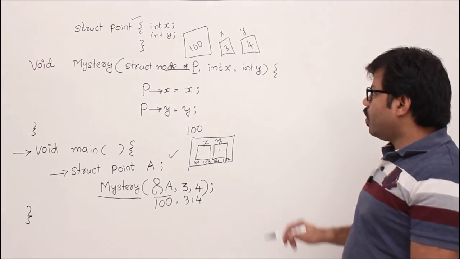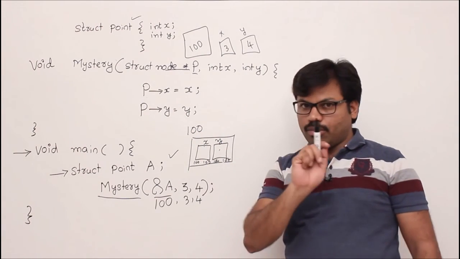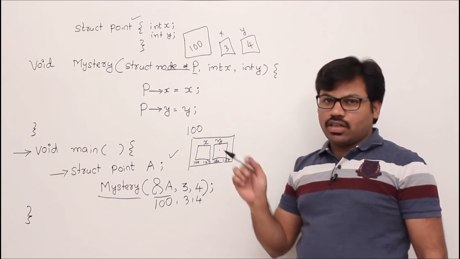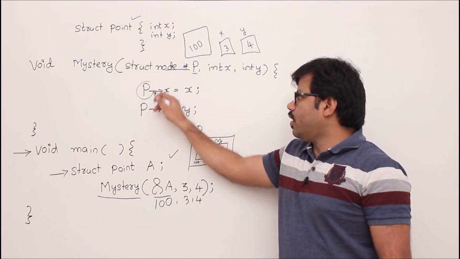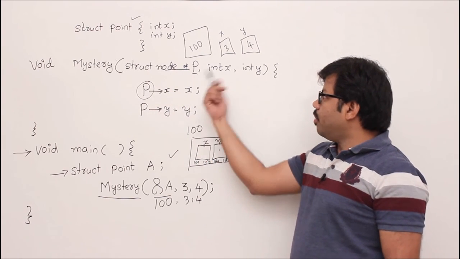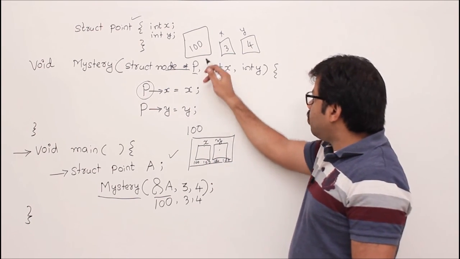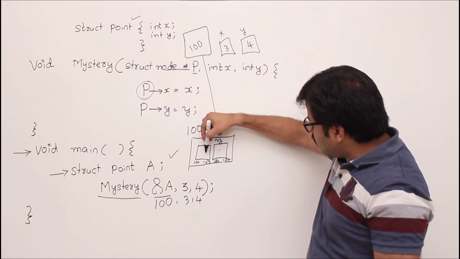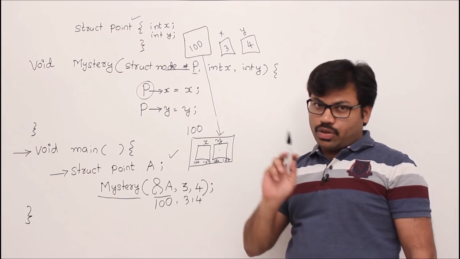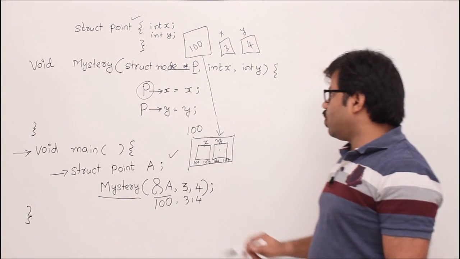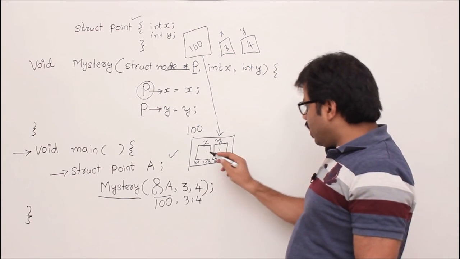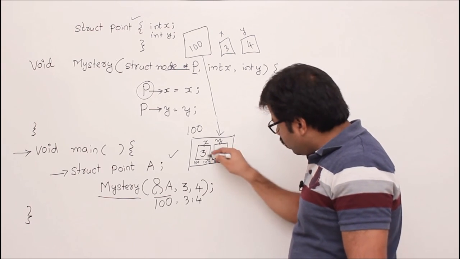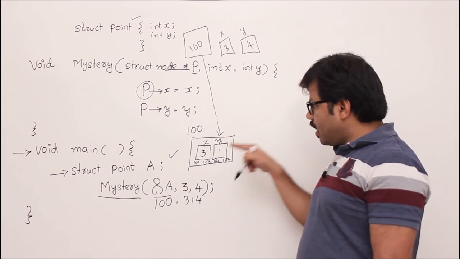Now the first step is p arrow x. Question number 1: what is p? It's a struct node pointer. Whenever you have a struct node pointer, since p is pointing to this box, to access its members we can use the arrow. Already I told you. Then p arrow x equal to x. What is x? 3. Indirectly we are again coming to this memory and it is alive.